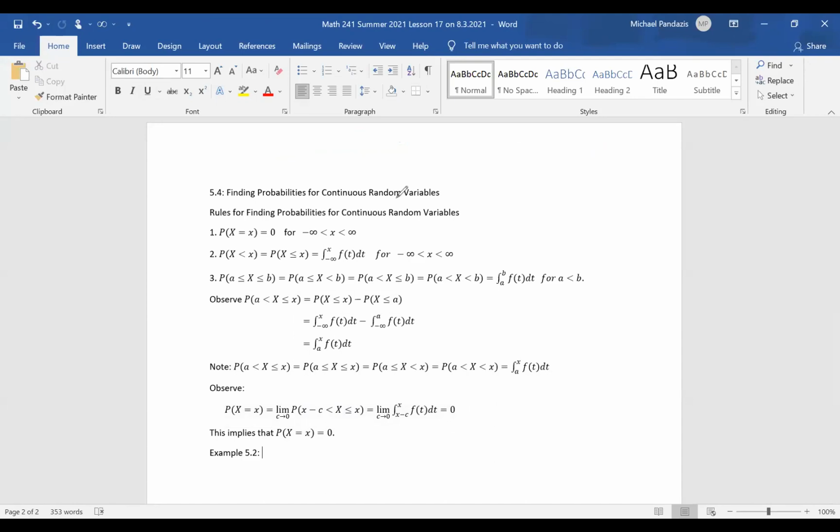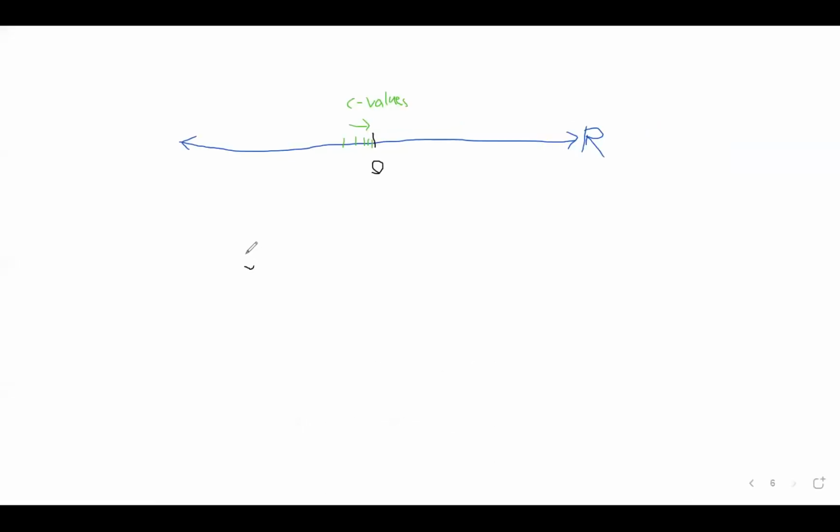If you had 5 minus c is equal to 8, what is c equal to? Negative 3. Right. So you see that the c we're subtracting is negative here.